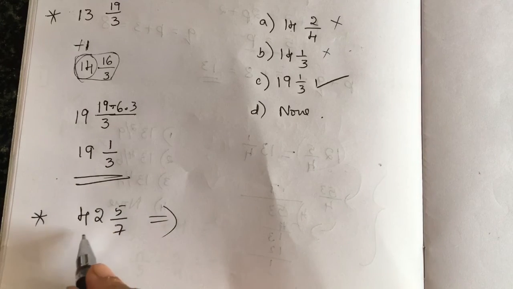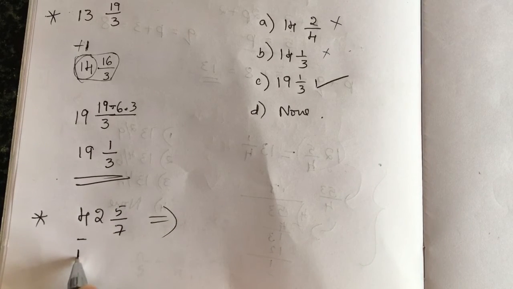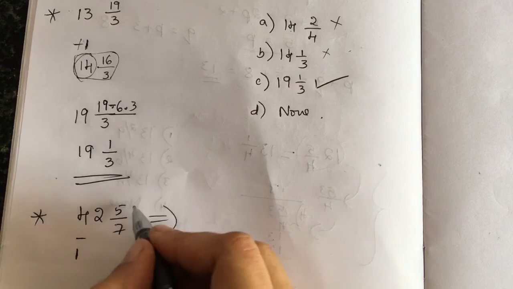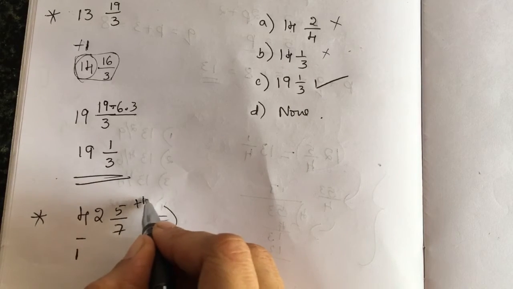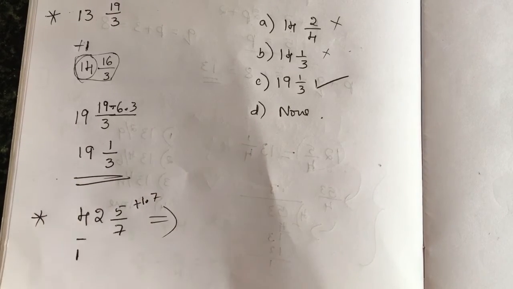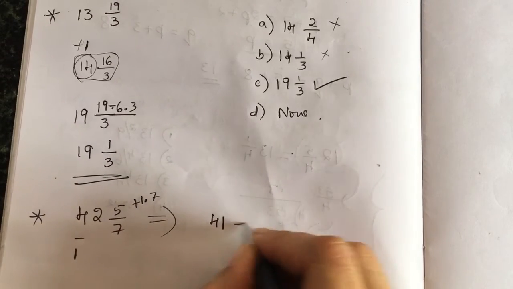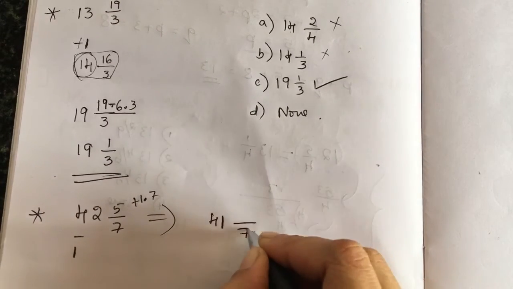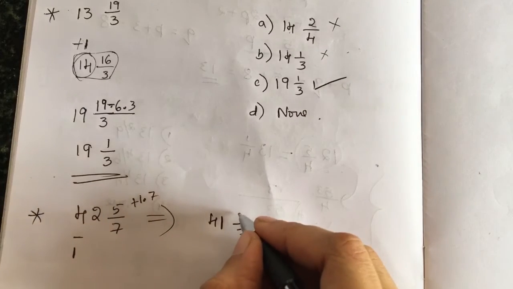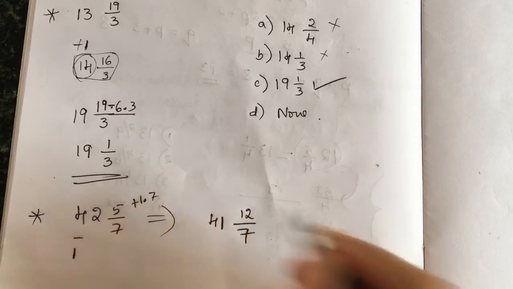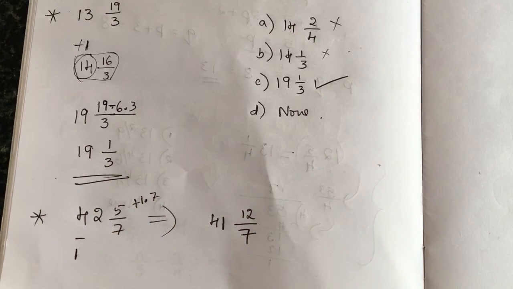So you just subtract 1. If you do the subtraction here, then you need to add 1 times the denominator to the numerator. So this will be equal to 41, you keep the denominator as it is, and instead of subtracting, here you are adding. So this will be 41 12 by 7.